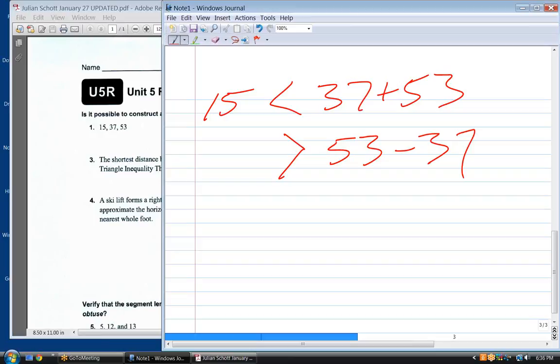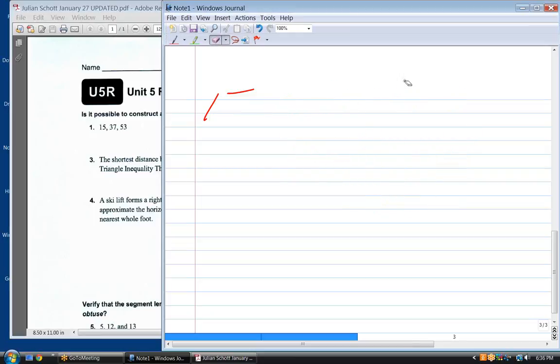That is 16. So 15 is not greater than 16, so it fails immediately on the second test. And if it had passed both tests, then we would need to test 37 and make sure it passes both tests.